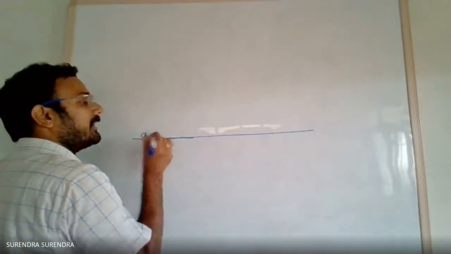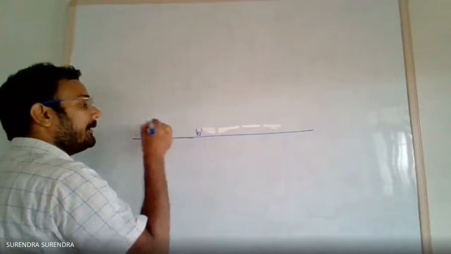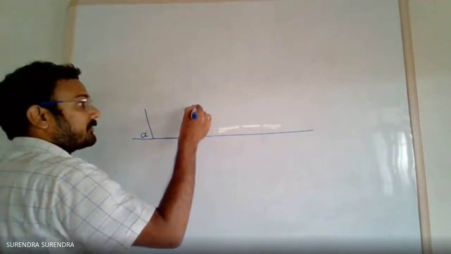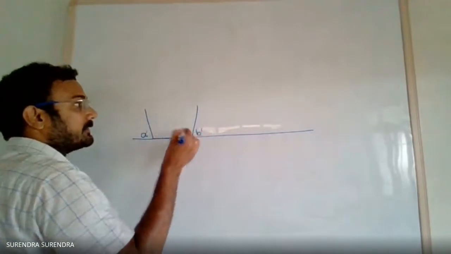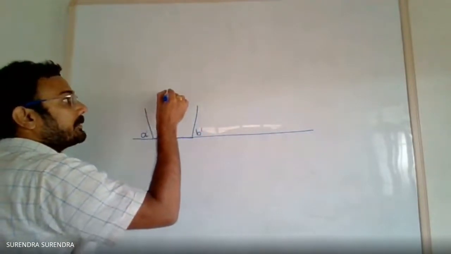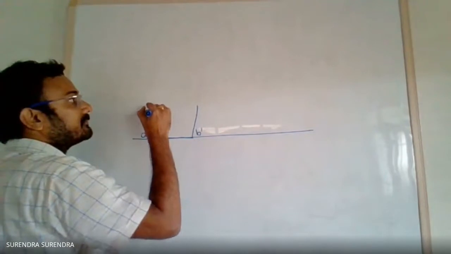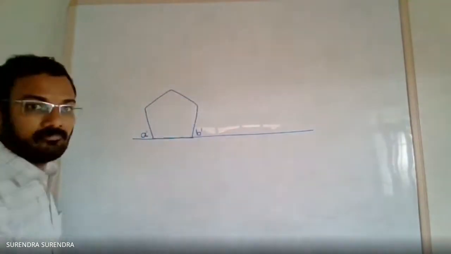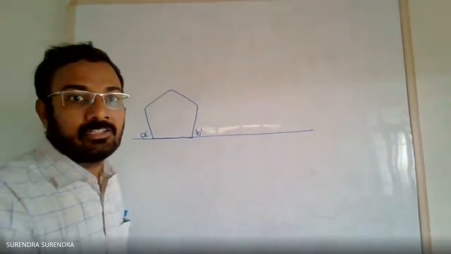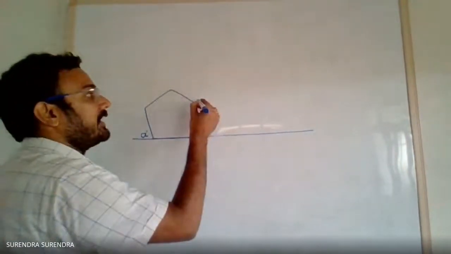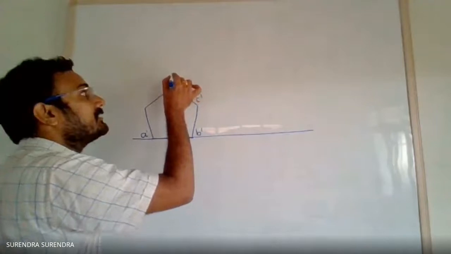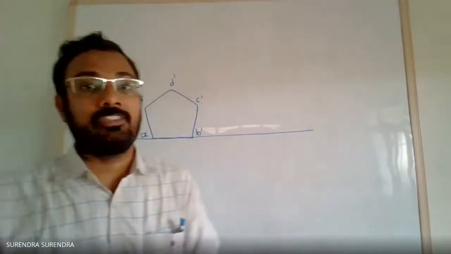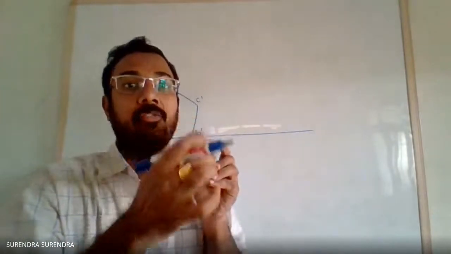Let this be A dash, B dash, same 108 degrees, protractor method or compass method. Complete the pentagon in front view: A dash, B dash, C dash, D dash, E dash, on one base.